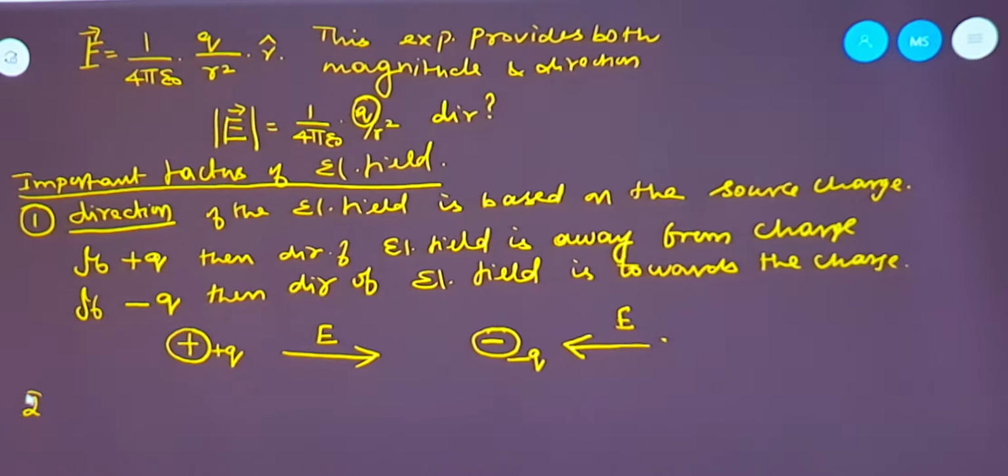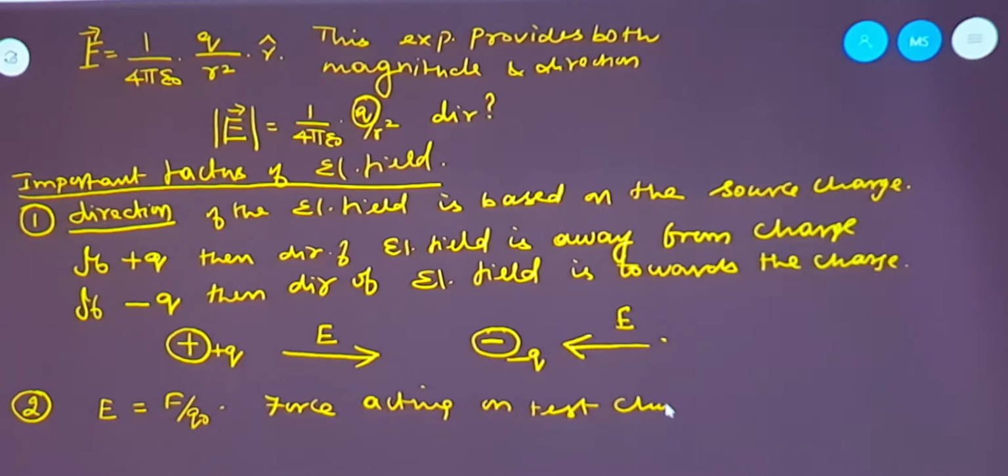Number 2. What is number 2? We have denoted that electrical field E is equal to F by Q0, force per unit charge. From this, what is the force acting on the test charge?